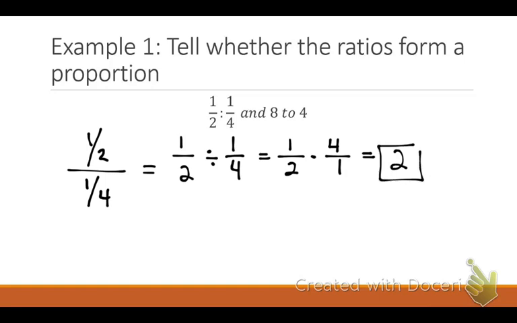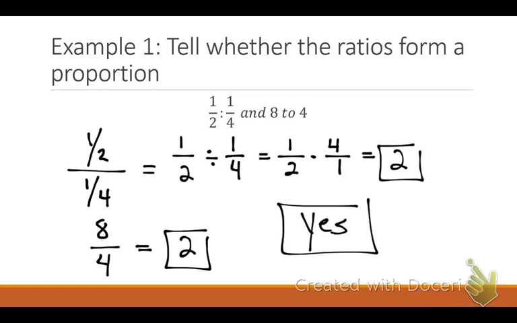So now, if the second ratio is equivalent to 2, then I know they're equivalent. I just needed to show you one where you have a fraction over a fraction because that's a little different. I'm trying to show you all the different possibilities. So what is 8 divided by 4, guys? 2. So since both answers are 2, my answer is yes. I'm sorry, both ratios. The value of the ratio.